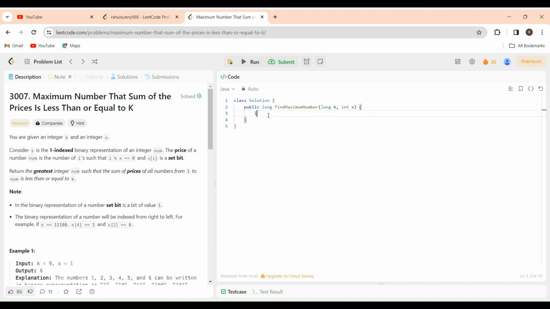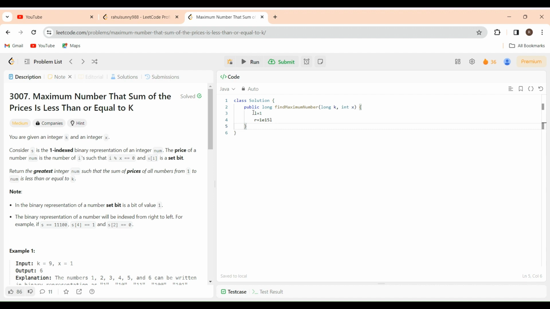Our lower boundary will be 1, and our upper boundary, let us take 1e15. We will find the number in between them such that the prices of all numbers from 1 to mid is less than or equal to k.